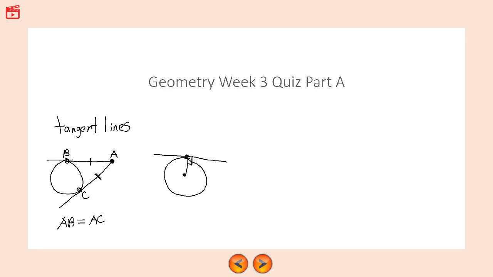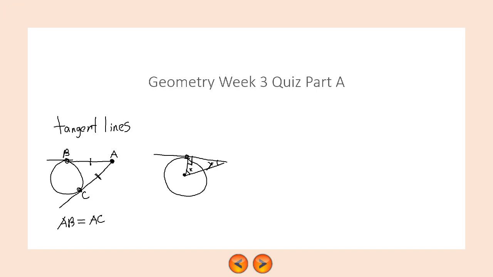They'll have a right angle right there. So we'd have a right triangle here, and we could then find any angles we wanted. We could find X here, we could find Y here, assuming we had the correct information.